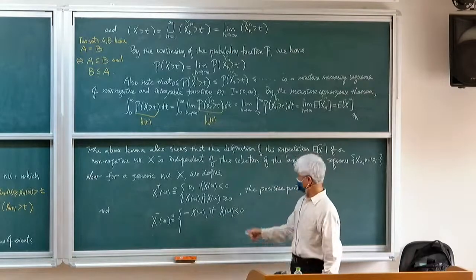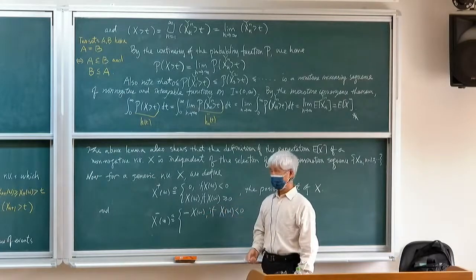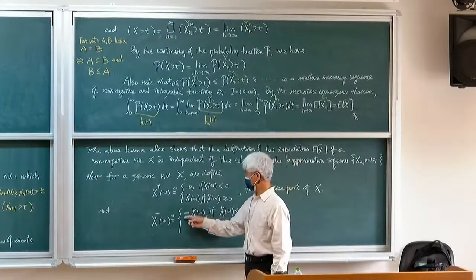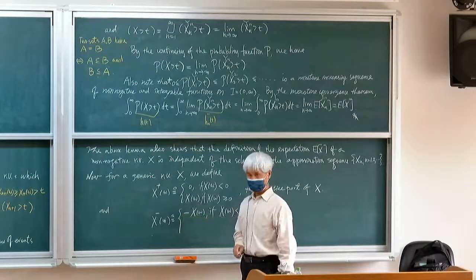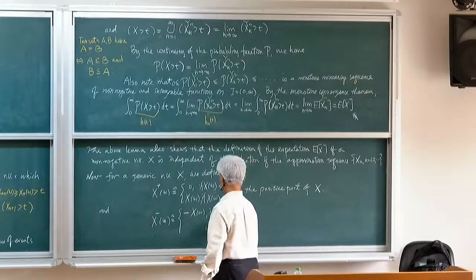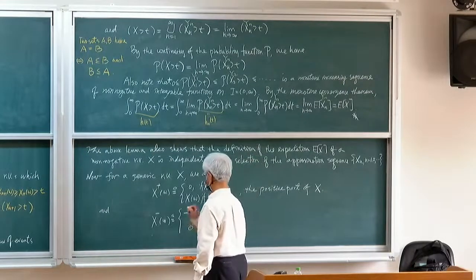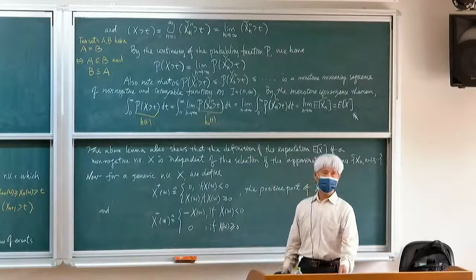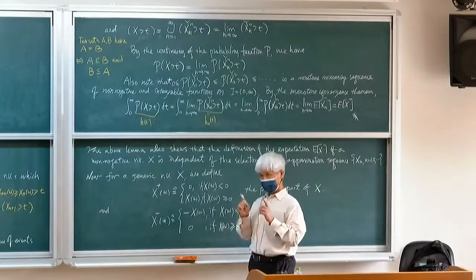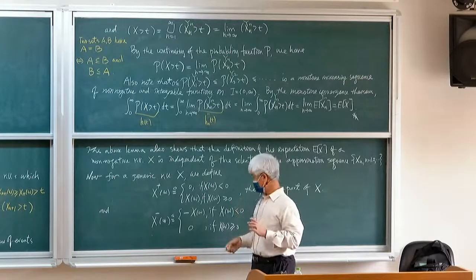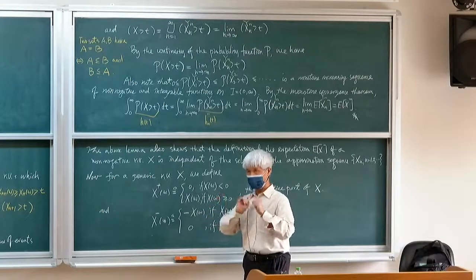So if the original value is negative, then we change its sign and turn it into positive. But if the original value is non-negative, then we assign 0 to it. So we just conserve the negative part, but when we conserve it, we change the sign of the negative value into a positive value.